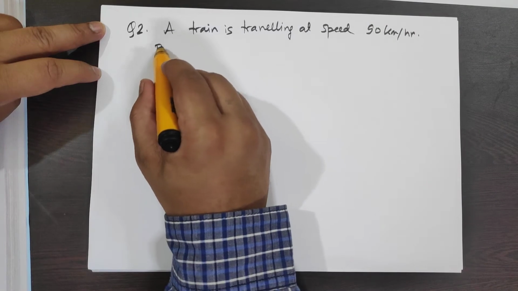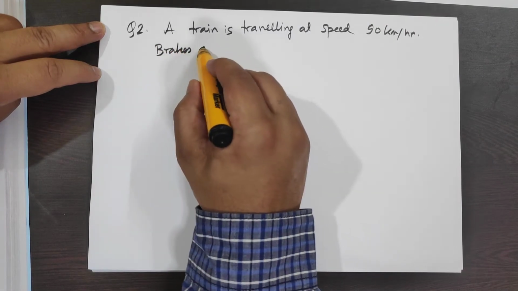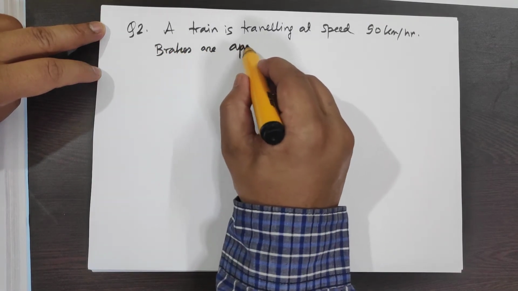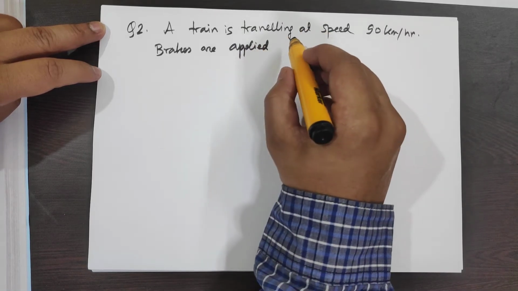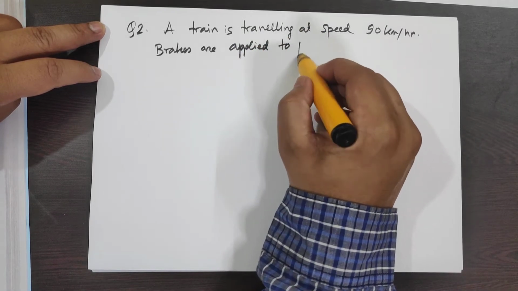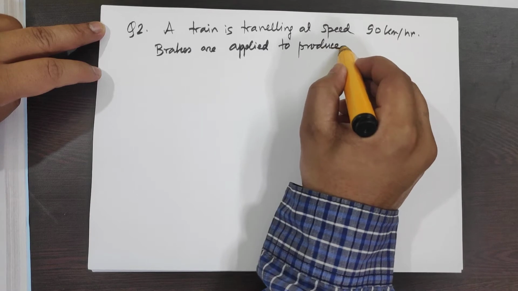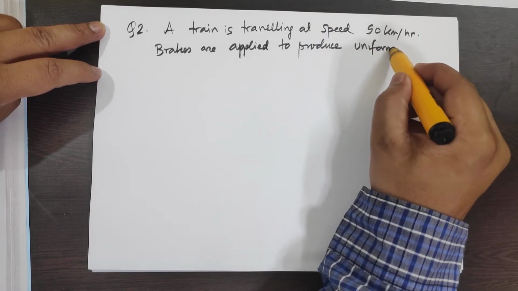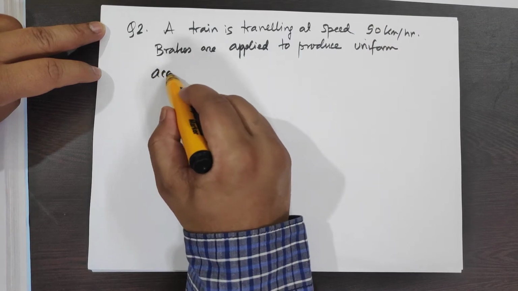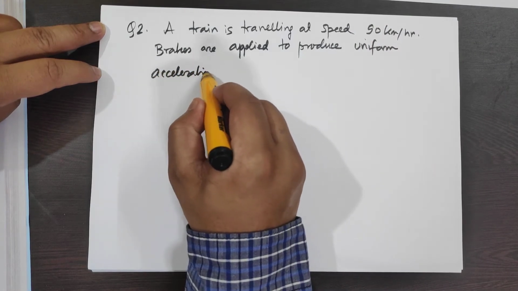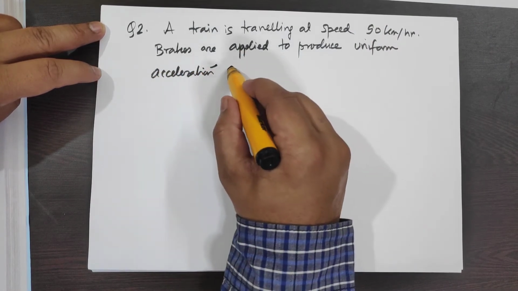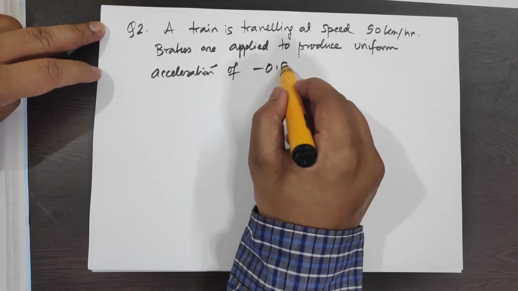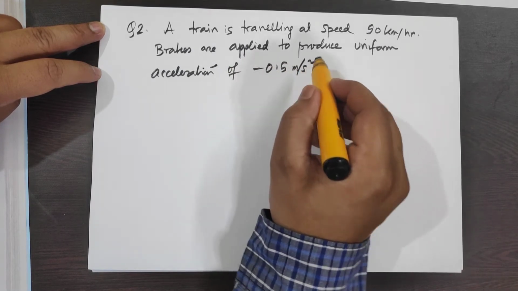Now brakes are applied to produce uniform acceleration of minus 0.5 meter per second square.